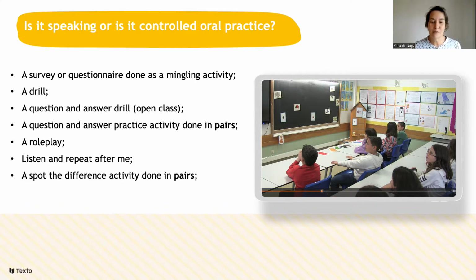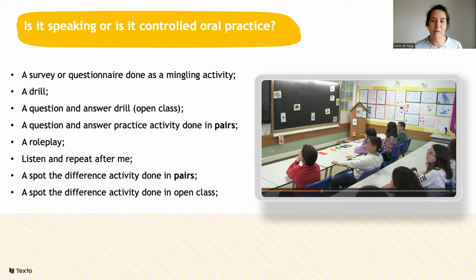A spot the difference activity done in closed pairs. By closed pairs, I mean all the children working simultaneously with a partner in the lesson. Or the same activity done open class.